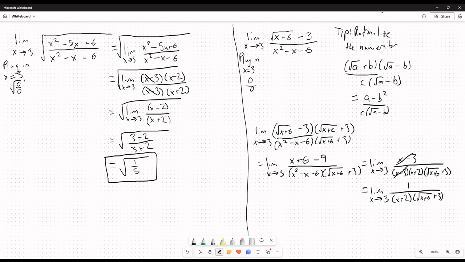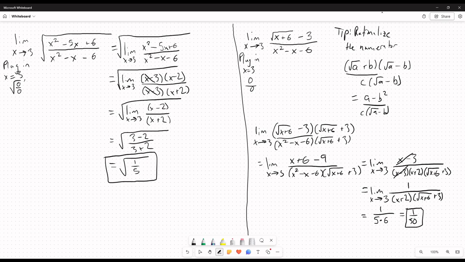And since we canceled out some stuff, that's a pretty good indicator that we're probably ready to go ahead and plug in x equals 3. And in this case, yes, we are. That's going to end up being 1 over 3 plus 2 is 5 times the square root of 3 plus 6. So that's going to be the square root of 9, which is 3 plus 3, so that's going to be 6. We're going to end up with an answer of 1 over 30.